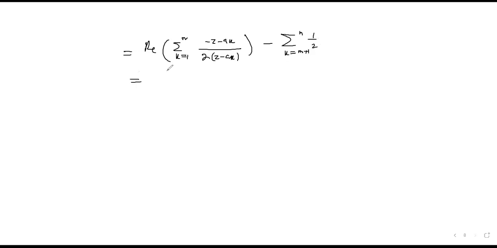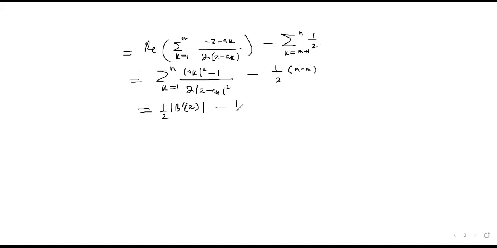And of course this was equal to summation k runs from 1 to n of modulus of a_k squared minus 1 divided by 2 times modulus of z minus a_k squared, then this is of course 1/2 how many times, of course n minus m times, that many 1/2s. And this we already know is modulus of b'(z) times 1/2 minus 1/2 (n minus m), and that proves the second lemma.